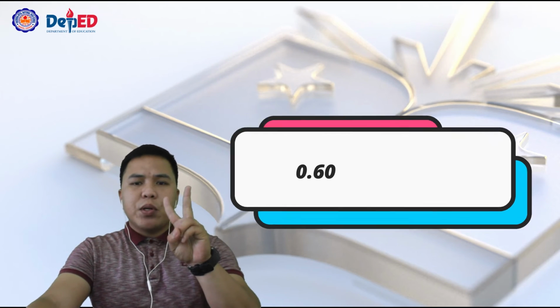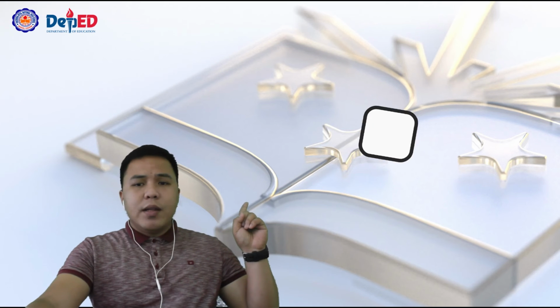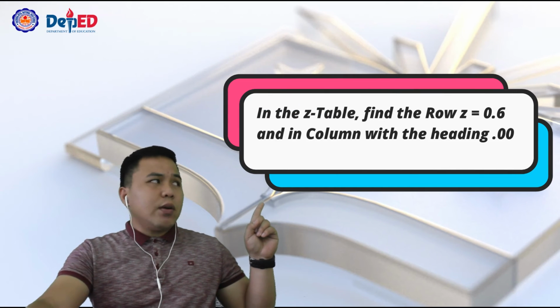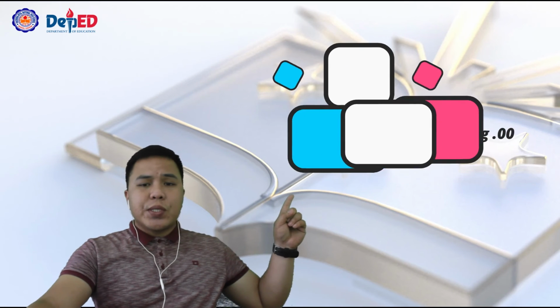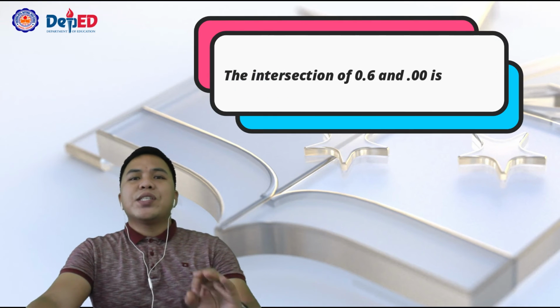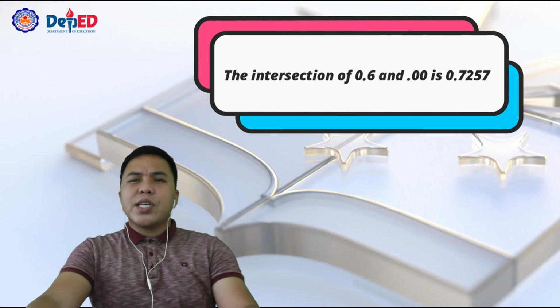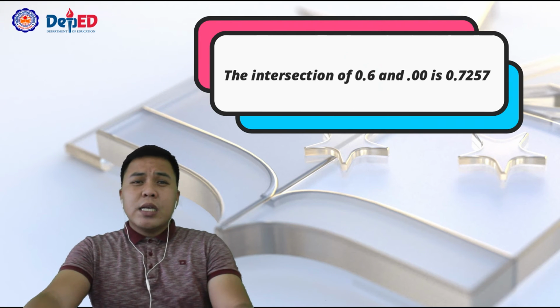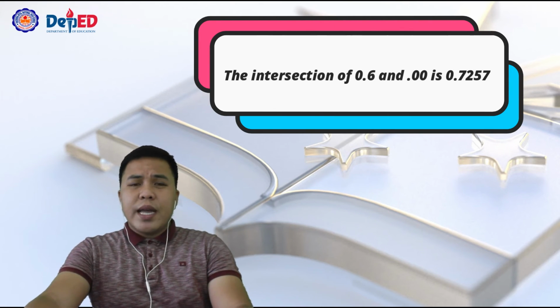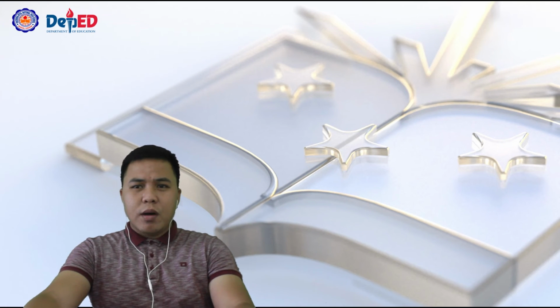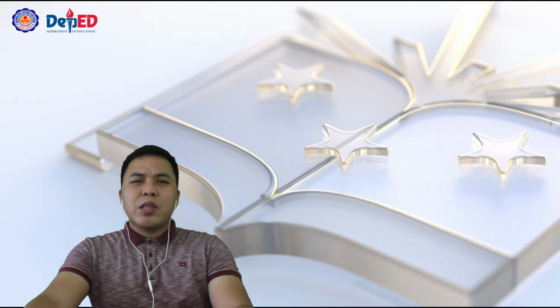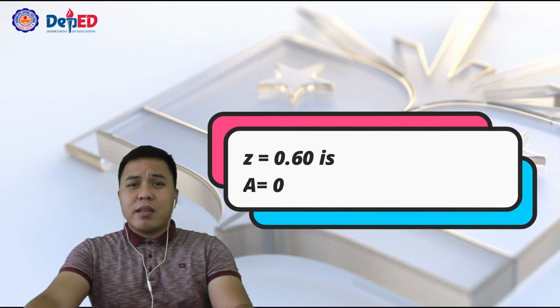For step number 2, in the z table, let's find the row z is equal to 0.6 and a column heading 0.00. For step number 3, the intersection of 0.6 and 0.00 is 0.7257.